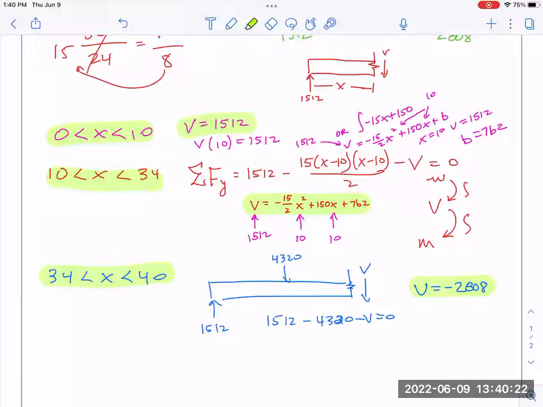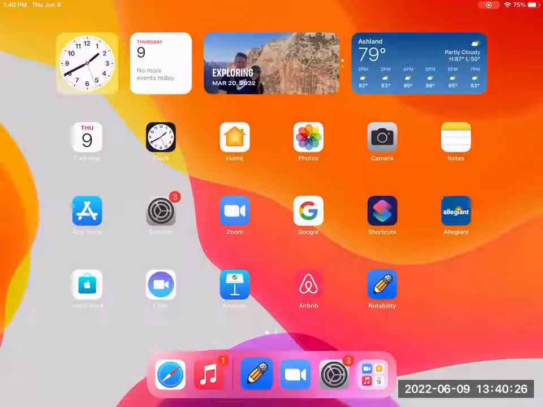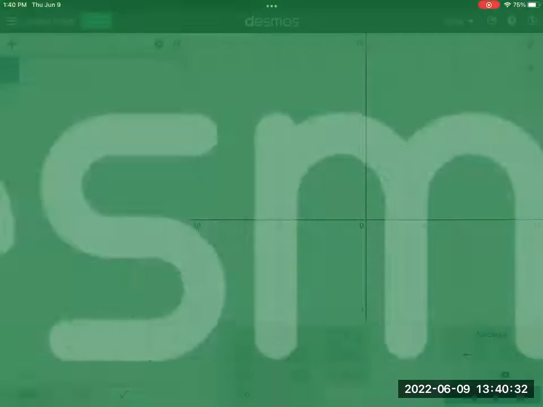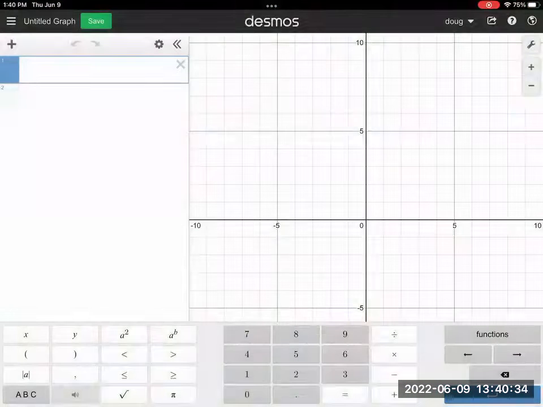Against my better judgment, we'll see if I'm right or wrong about this. Let's go try to just do this in Desmos right now. The only reason to say better judgment is because I'm doing this in the app, so I can copy it over. I'm a little worried it's going to be wonky. So we said y equals 1512.